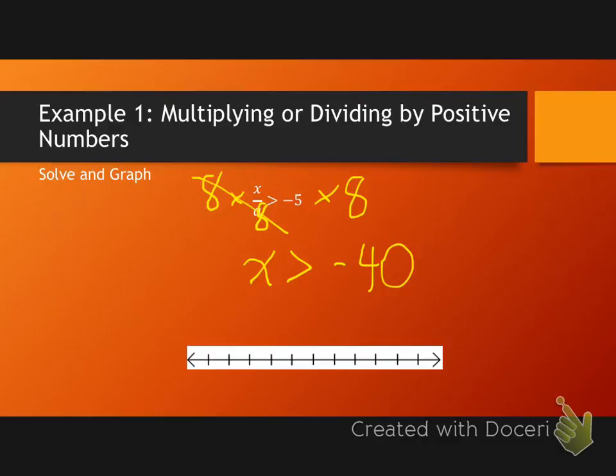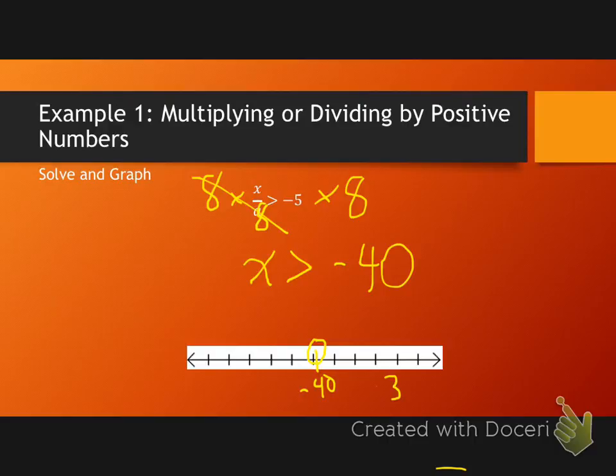So when we're graphing that, we'll just say this one right here is going to be negative 40. Looking at it, it doesn't have the line underneath, so it's going to be an open circle. And let's see, negative 39, 38, 37.